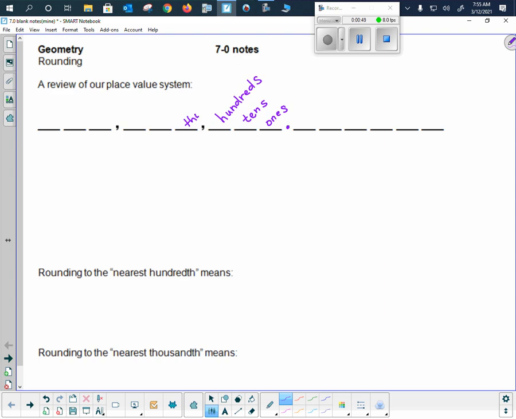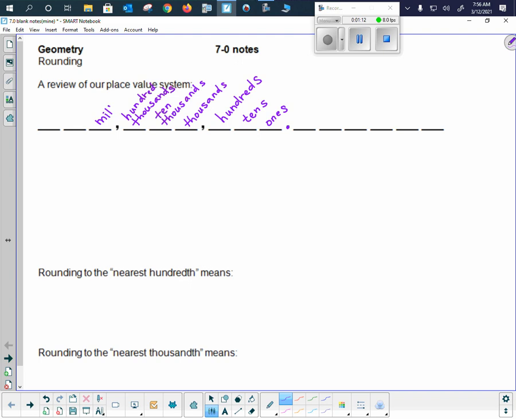Next, you guys know that this would be thousands, the thousands place. And next, 10,000s, 100,000s. All right, what's after thousands?